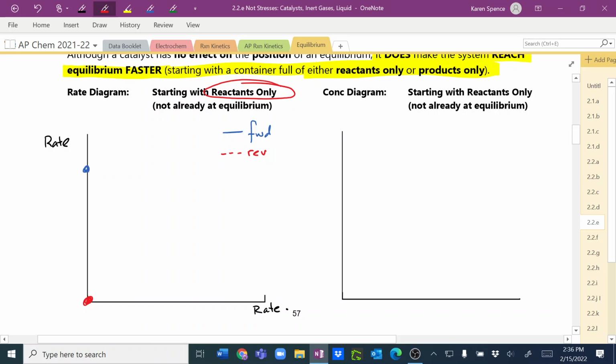Now, what are those two rates going to do as equilibrium is approached? They're going to come together.